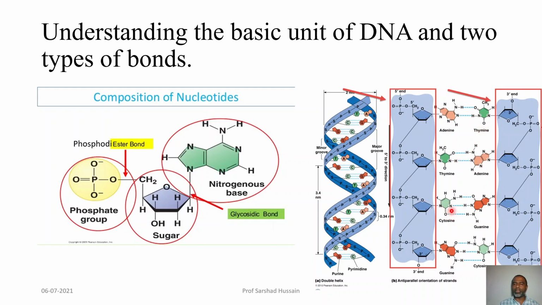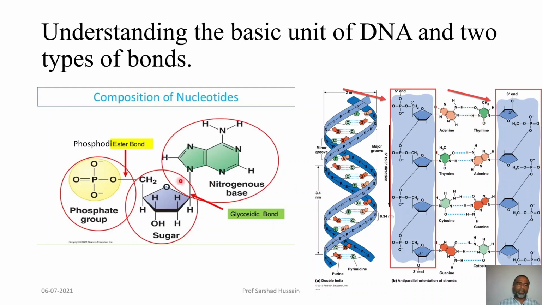If cytosine is there, the complementary pair is guanine, and if guanine is there, then you have the cytosine. Guanine and cytosine are paired with one another with the help of hydrogen bonds, accordingly 3 hydrogen bonds, and the adenine and thymine are paired with double hydrogen bonds.